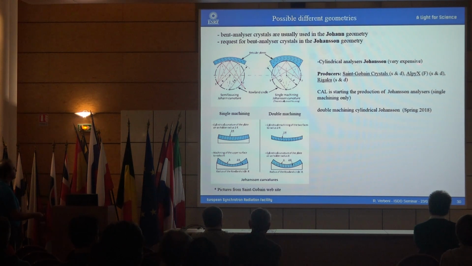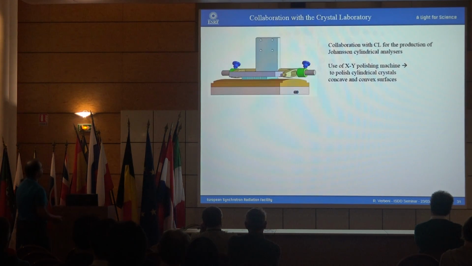We have some collaboration with Kaia. And then you have Rigaku. They propose a very nice crystal, but very, very expensive. So for the moment, we are only starting production of single machining. We plan to have a consistent double machining cylindrical Johansson production for spring 2008. We are doing some work in this domain.